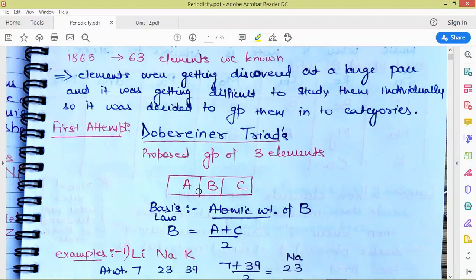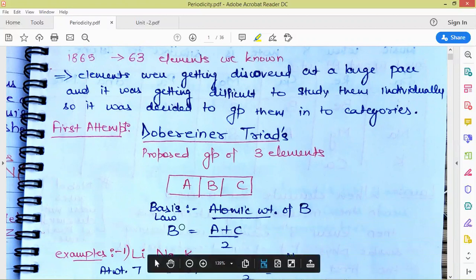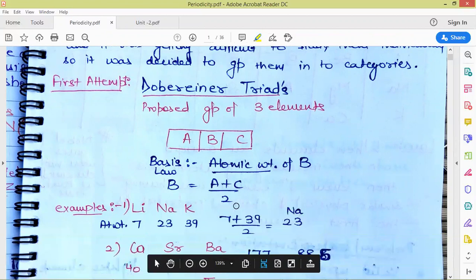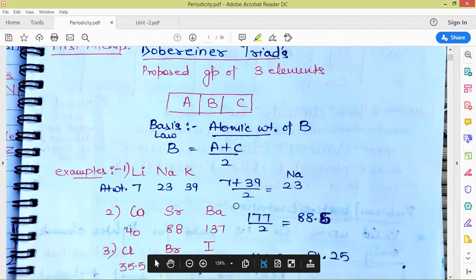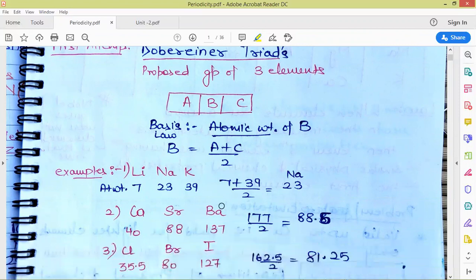Say A, B, C are the three elements; he arranged these three elements based upon the law that the atomic weight of B is going to be equal to the average of A and C. That is, the atomic weight of B will be equal, or approximately equal, to (A plus C) by 2. Based upon this, he tried to arrange some elements, and he successfully arranged 3 or 4 triads in this format.